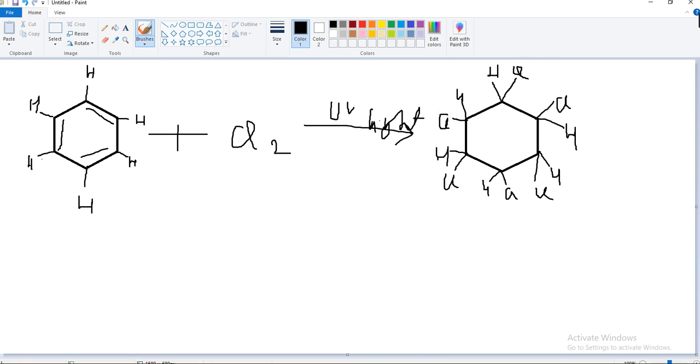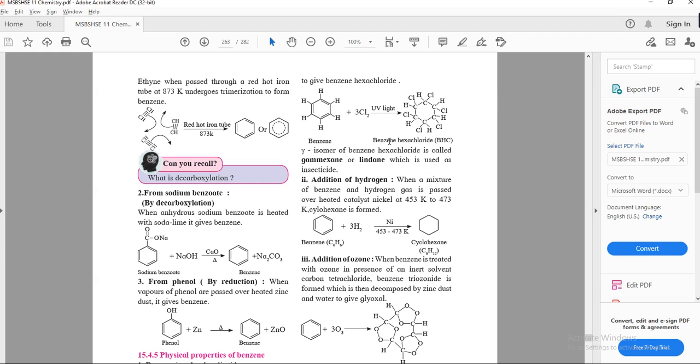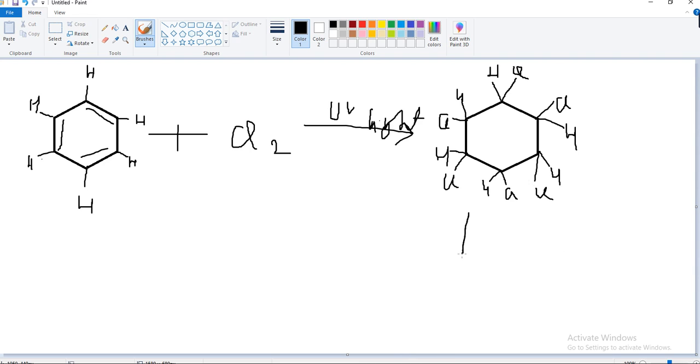So the name of the compound is benzene hexachloride. Hexa means 6. Hexachloride, benzene hexachloride.